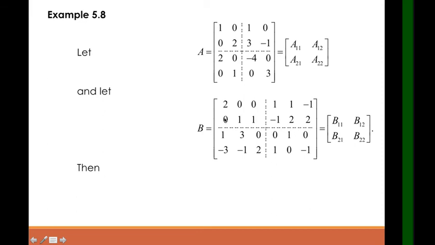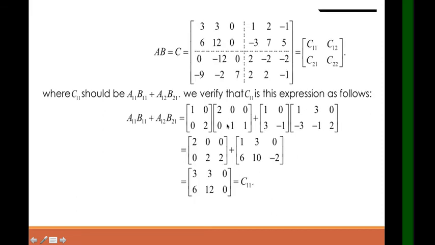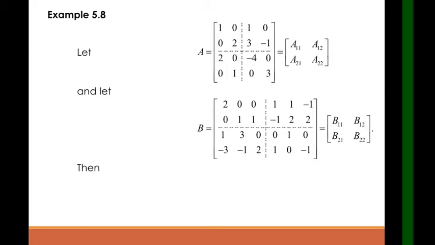And this is the other group. Okay. And then for plus A12, B21, A12. Ito ba yun? A12? A21?